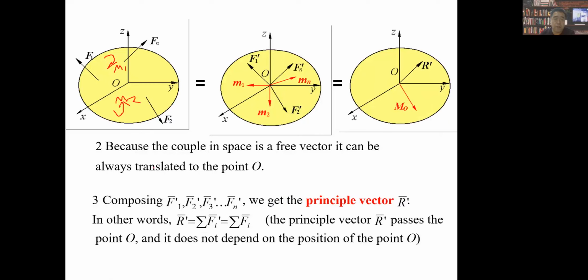Because actually we mentioned the three factors of a couple are magnitude, direction, and action plane. So we can think that if we select a lot of planes which are parallel to each other, then when we move this couple from one plane to another plane, it will not change the effect of this couple on the object.